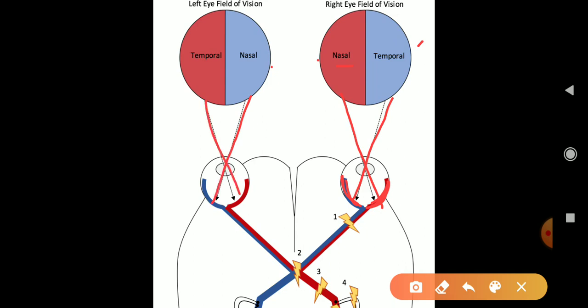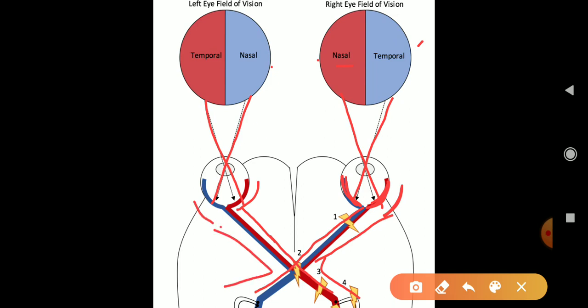When the information is captured by the cells of the retina, it conducts the message down and crosses at point number 2, the optic chiasma. The same happens on this side: the message is carried and crosses at the optic chiasma. But what about the temporal side? The temporal side comes straight and, without any crossing, goes to the same side of the cerebrum.